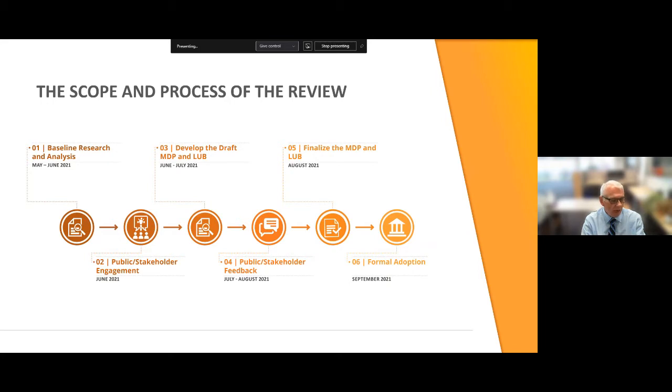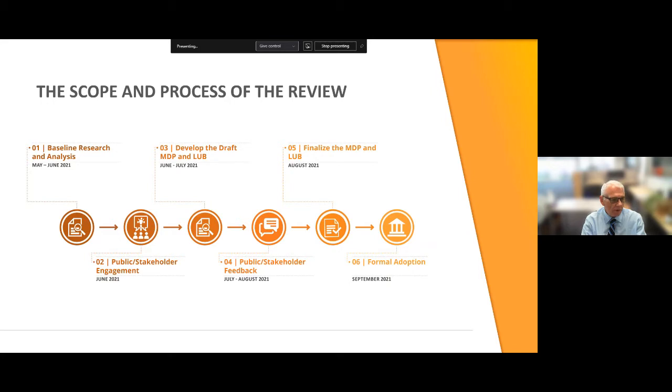The other part that's happening at the same time is that we are starting the public and stakeholder engagement process. And as I mentioned, that begins with this session and carries forward with the open sessions that are later on in the week, where the public can come and help us answer some questions in terms of the municipal development plan and the land use bylaw.